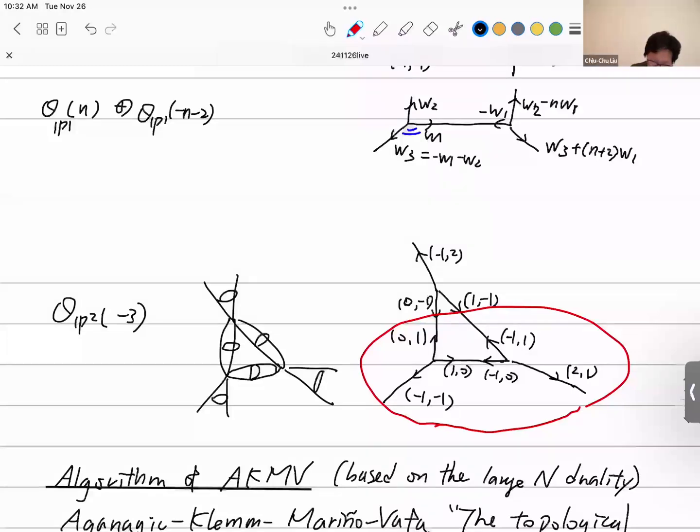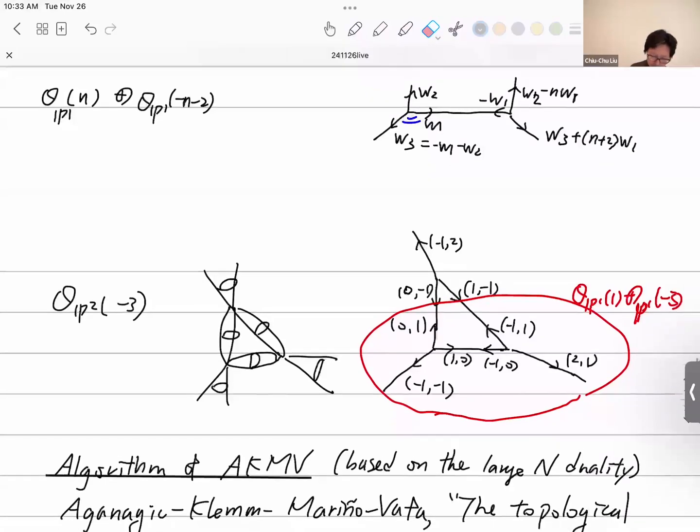So this will be O1 plus O(P1) minus 3. So this part will be this. So we see that if we take away this and we take the toric graph of this, these 2 edges will eventually intersect. So we want to think of it not as embedded in a plane, just like locally planar. Oh, I hope this is clear.